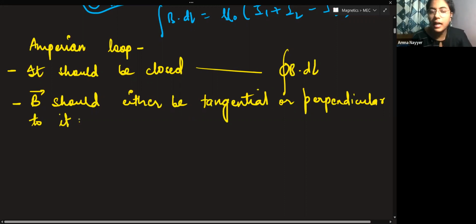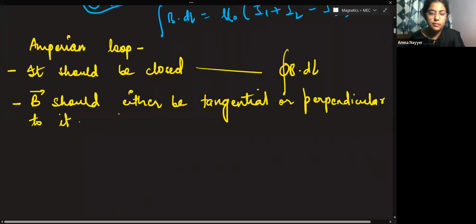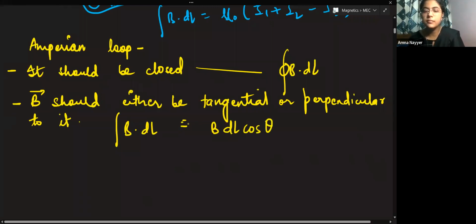The reason is that when you take B dot dl and integrate it, you take the cosine of the angle, so this becomes B dl cos theta. Integrating this, it should be either tangential or perpendicular to it.